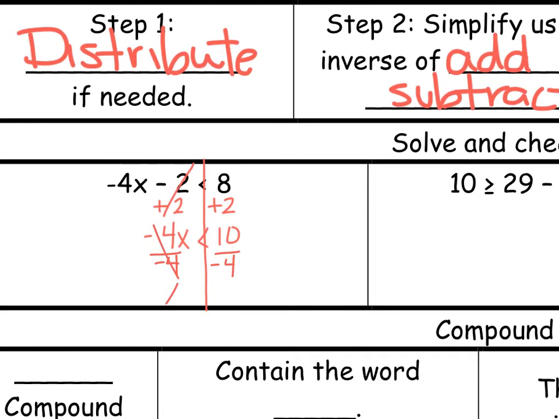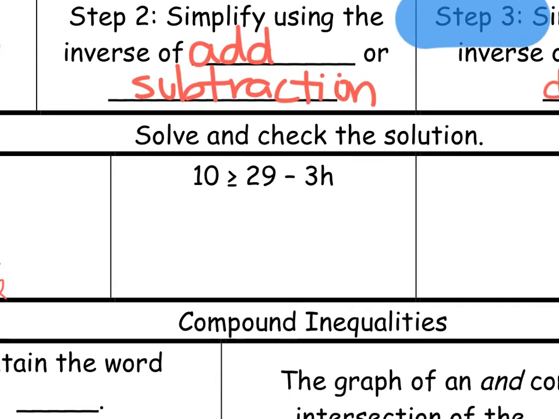They cancel, and we get x is greater than. It flips the inequality symbol around, and we're going to simplify that to -5/2. So if we were to graph that, it would be an open circle on -5/2, and we would graph everything bigger than that.